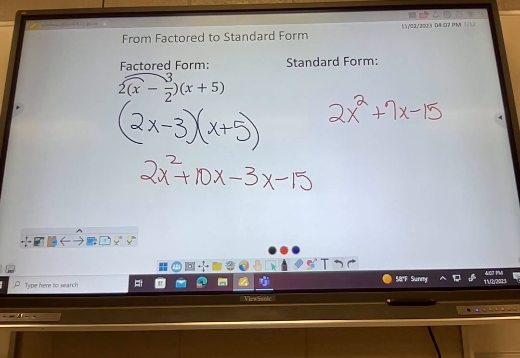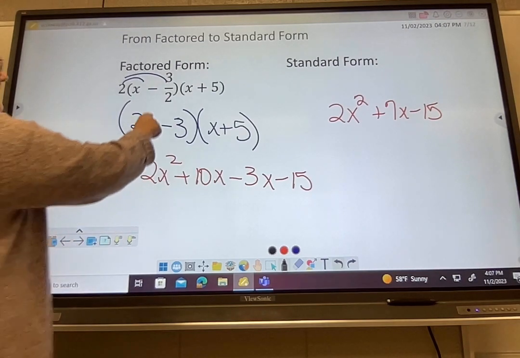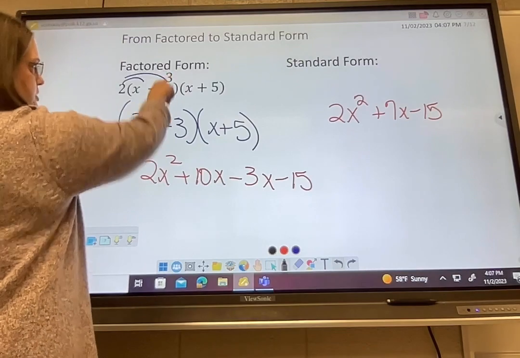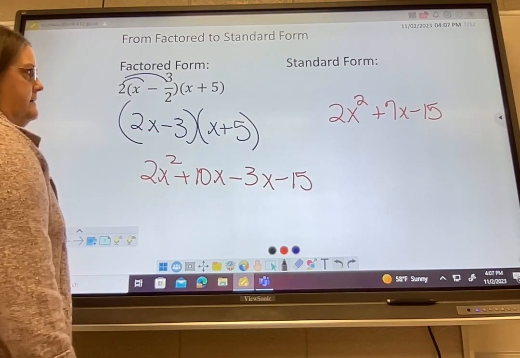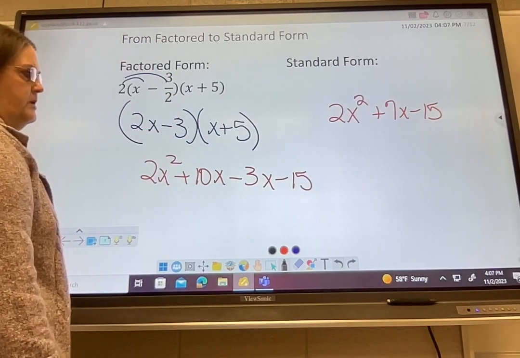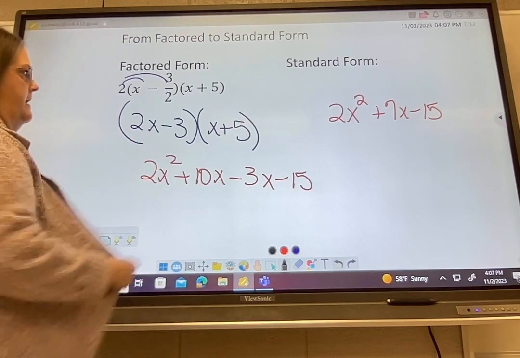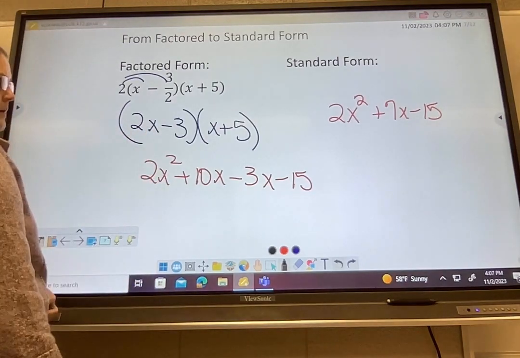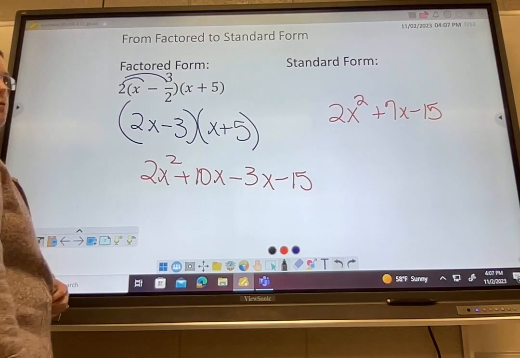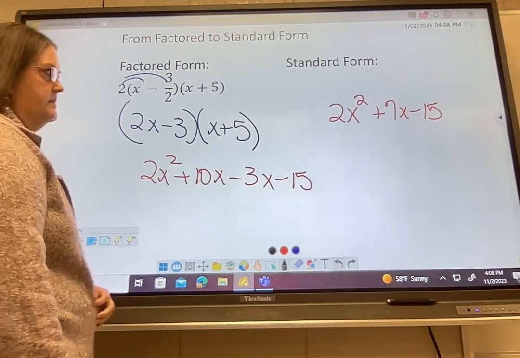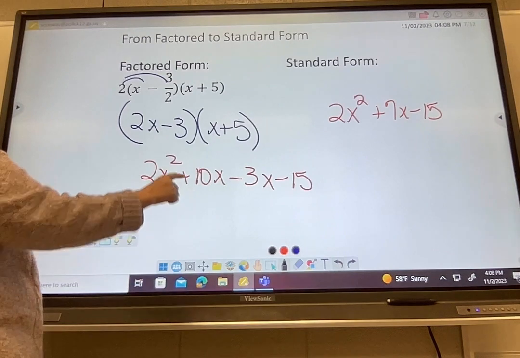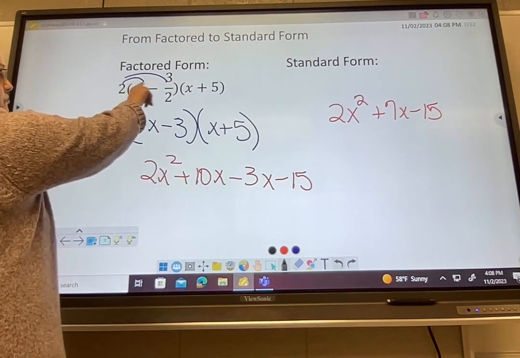Okay, this one's a little bit tricky. This is in factored form, and it has x minus 3 over 2 like this, because that's the way that we do it when we're going between each kind, okay? We don't leave it as 2x minus 3, but I'll explain more of that when we graph later on and explain why we do what we do there. But, so take the 2 and distribute it.